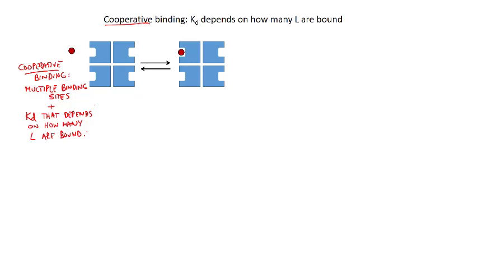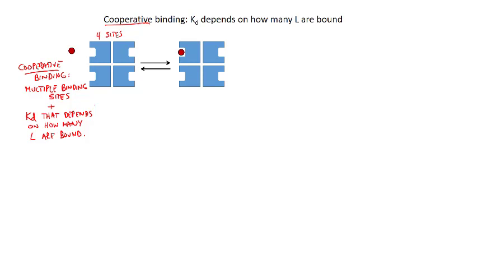So here's the situation. This is how it works. Let's say that we have a protein that has 4 binding sites. It doesn't have to be 4. It could be anything 2 or more. But this was worked out for hemoglobin, which has 4 binding sites for oxygen. And so we are going to assume that we have a protein that behaves like hemoglobin.